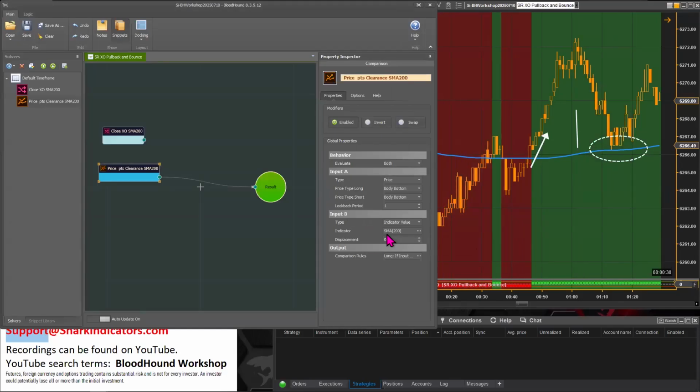And again, if you're not using an indicator, for input B we can switch this over to a fixed value, and then you can put in that proprietary calculated price level that you want to use for your support resistance. But I'm going to put this back to indicator value. There we go, SMA 200. All right, so now we need to figure out how many points of clearance we want here. And so we need to go into the comparison rules next.